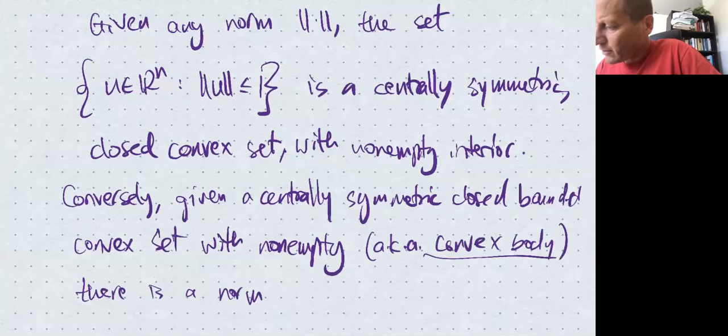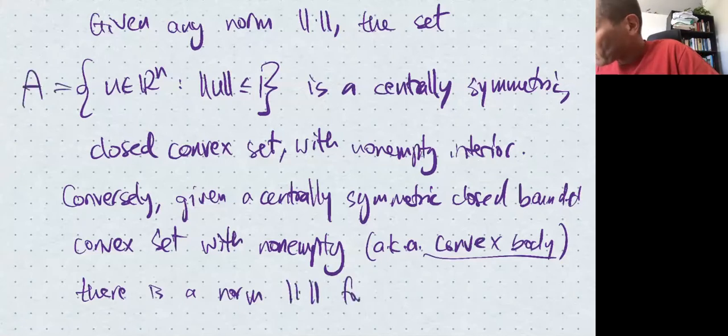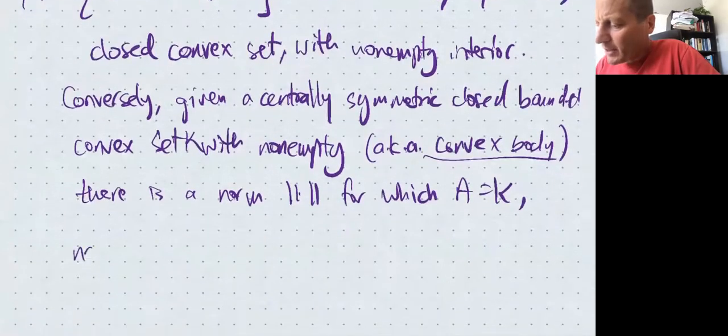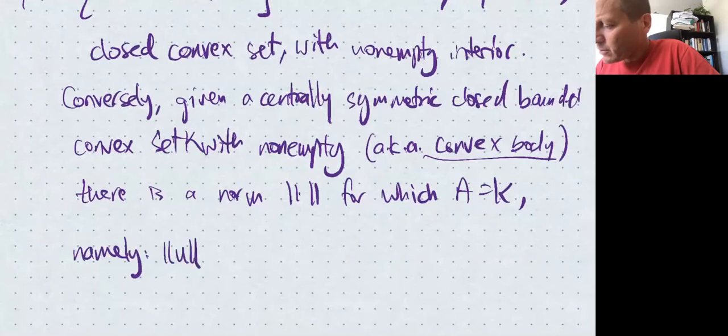So let's call this set A, convex body K. Namely, define the norm in the following way. The norm of u is 0 if you use the 0 vector.